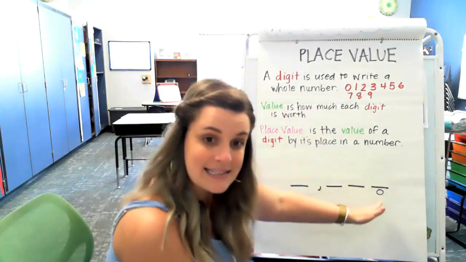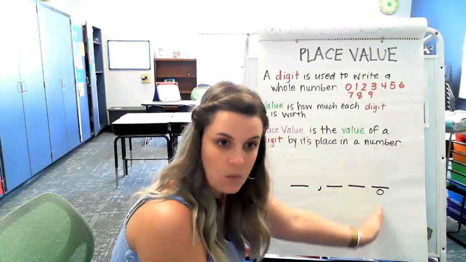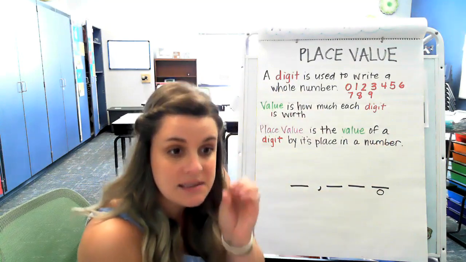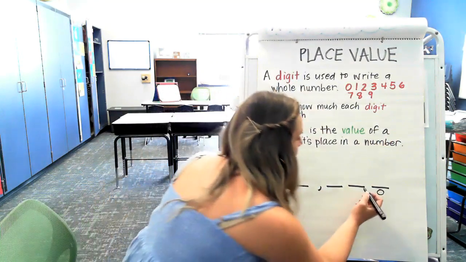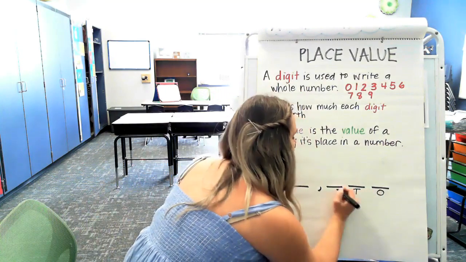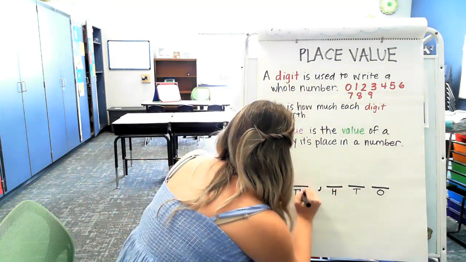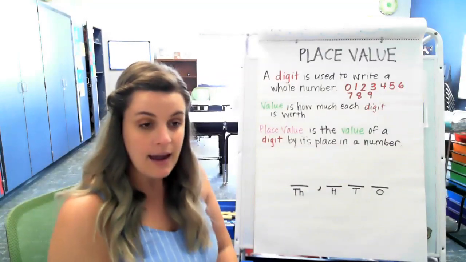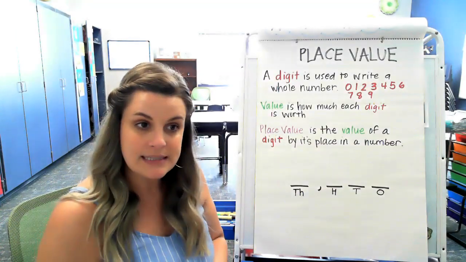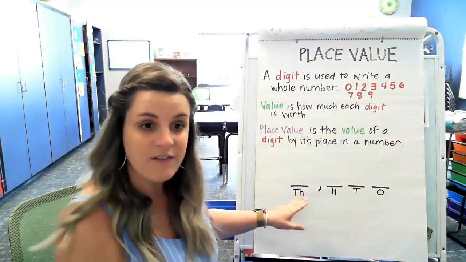Just like when we add, subtract, we always start to the far right in the ones place, the number with the smallest value. Then we had the tens place. Then we had the hundreds place. Then we had the thousands place.